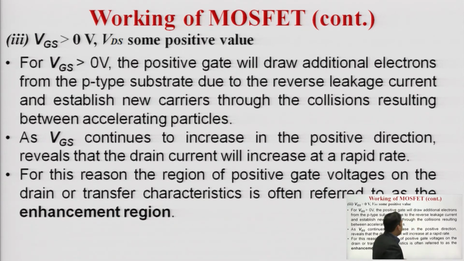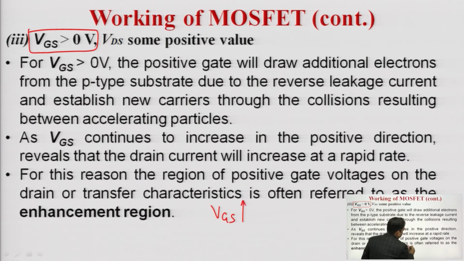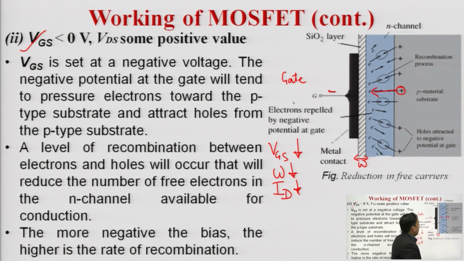While if we are varying VGS in a positive direction, what will happen? When VGS increases in a positive direction, the electrons, which are minority carriers in the P region, get attracted towards the gate terminal.